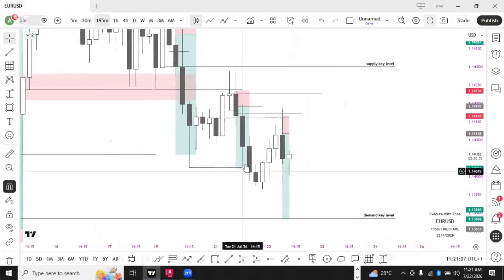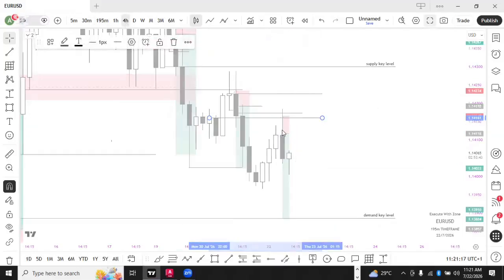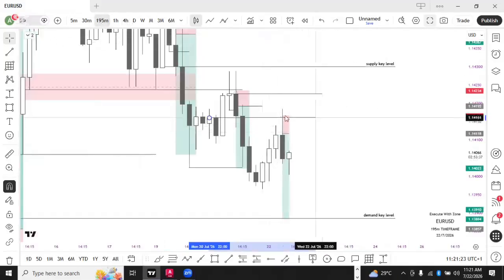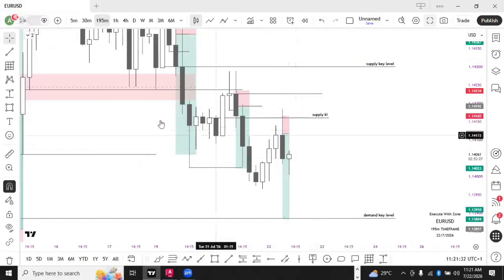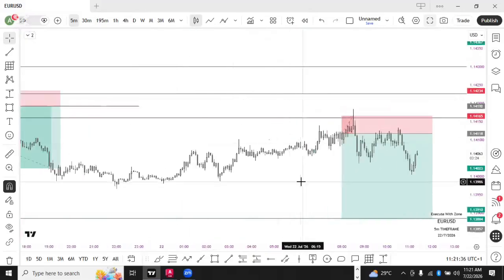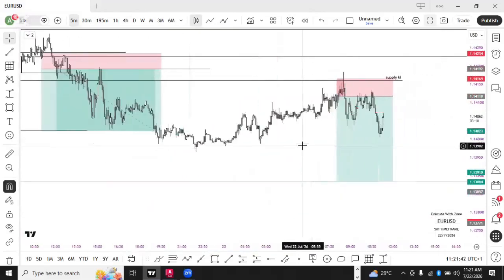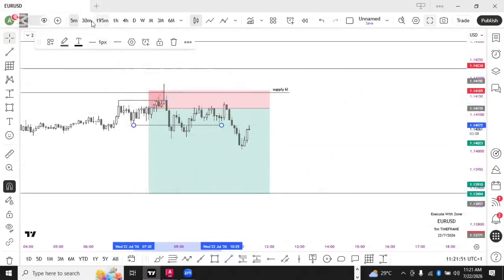So now that I have this, remember the entry procedure also. I mark this QM as my level, and I try to refine it also on 4 hours, which is still good. So this is my entry, my supply. I called it supply KL, key level. When price tapped into it, I used my 5 minutes for confirmation. 5 minutes gave us a sweep, a break, then I used my 30 minutes.